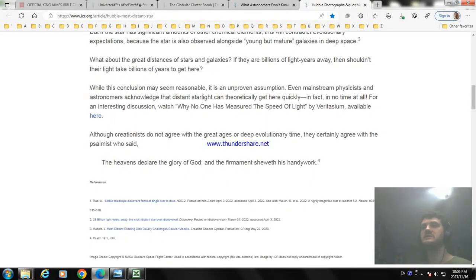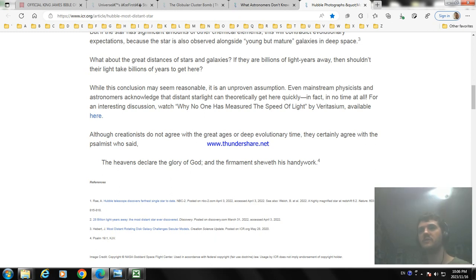What about the great distances of stars and galaxies? They are billions of light years away, so shouldn't their light take billions of years to get here? While the conclusion may seem reasonable, even mainstream physicists and astronomers acknowledge that distant starlight can theoretically get here quickly.